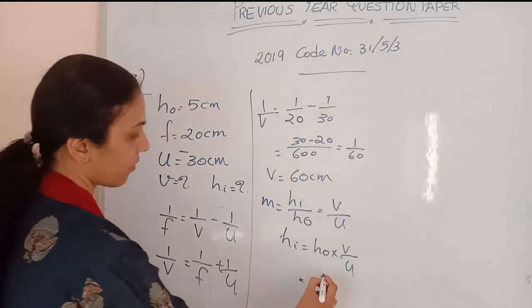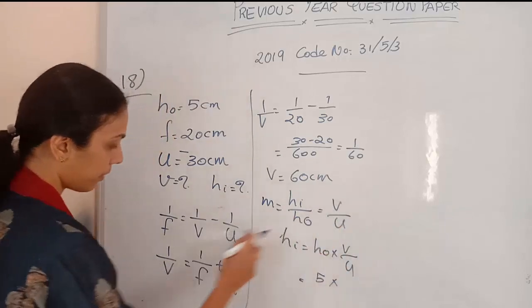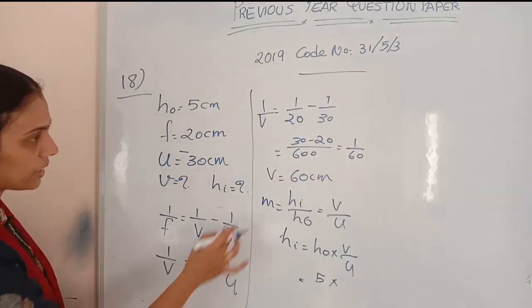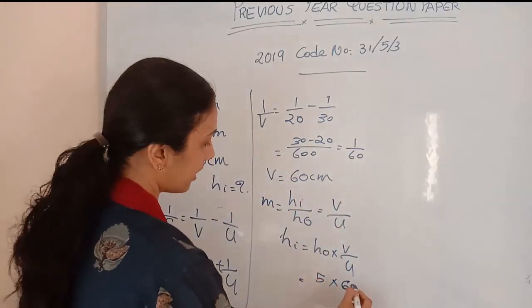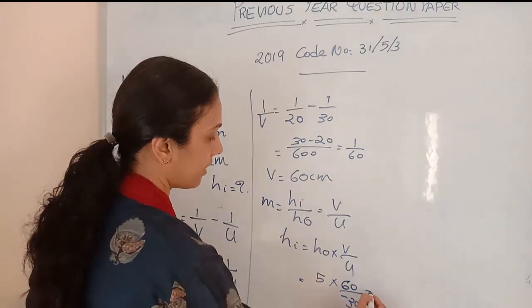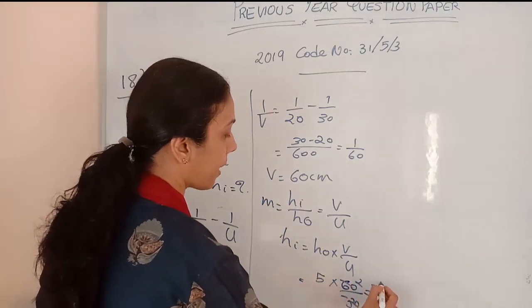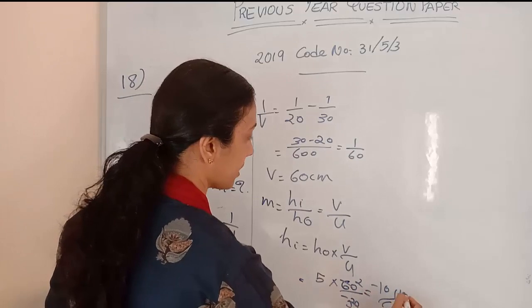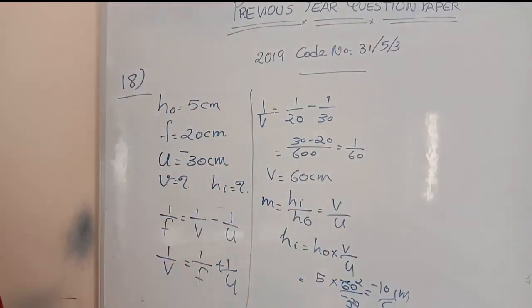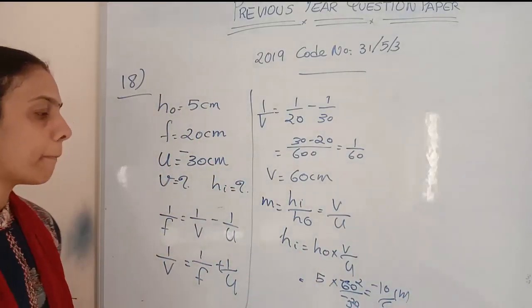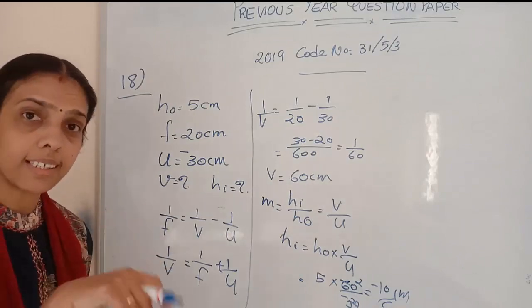Ho we got as 5 centimeter into v. V, how much is it? 60 centimeter divided by minus 30. So we will get it as minus 10 centimeter. That is, it is an enlarged image. Minus 10, that means it is inverted.